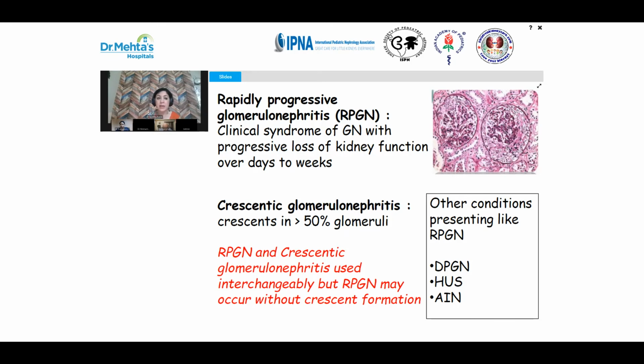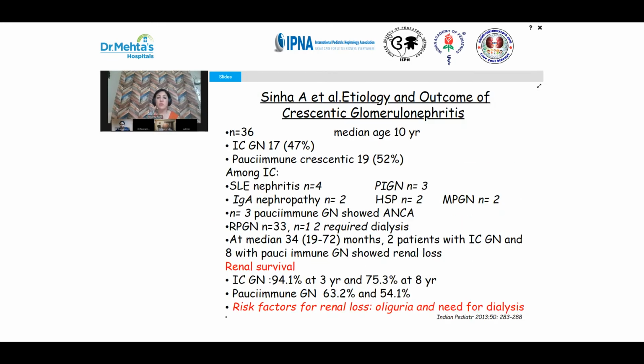In a study published from AIIMS in 2013, in 36 children with crescentic glomerulonephritis, almost half had immune complex GN, and a little more than half had quasi-immune crescentic GN, of which they had ANCA associated as well as ANCA negative vasculitis.